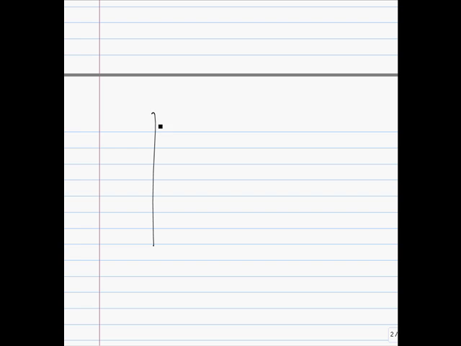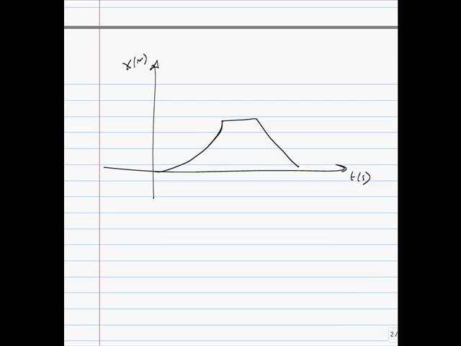Let's try another one. A to B, B to C, C to D. From A to B, it appears that I'm changing my position, but the slope, which represents my speed, seems to increase.